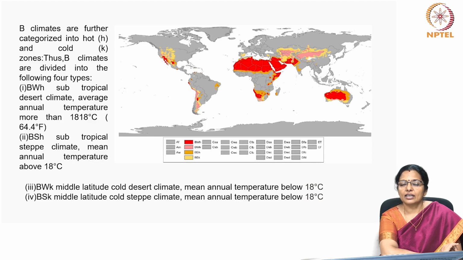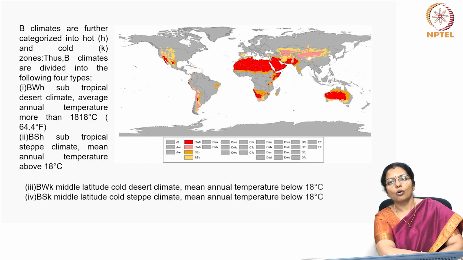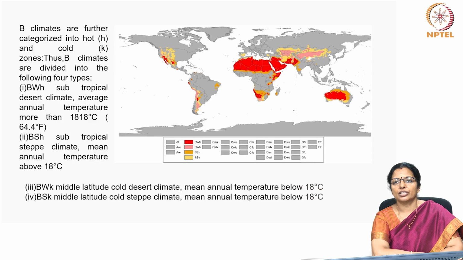Within the dry type B climate, there are hot H and cold K zones leading to 4 distinct types. Firstly, BWH represents the subtropical desert climate, where the average annual temperature surpasses 18 degrees Celsius. Next, BSH signifies the subtropical steppe climate, with mean annual temperature also above 18 degrees Celsius.